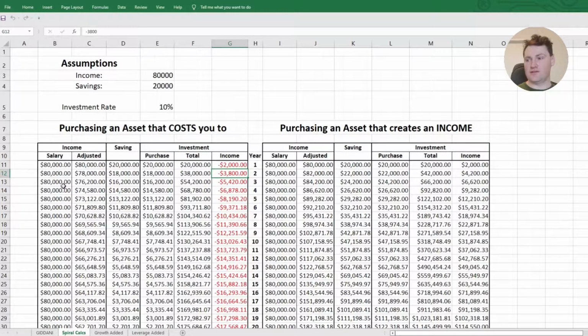And so the cycle continues. Your adjusted income the next year is $76,200. Your savings decreases. Your ability to purchase assets decreases. The income to support those assets increases. And it's a spiral that gets out of control.